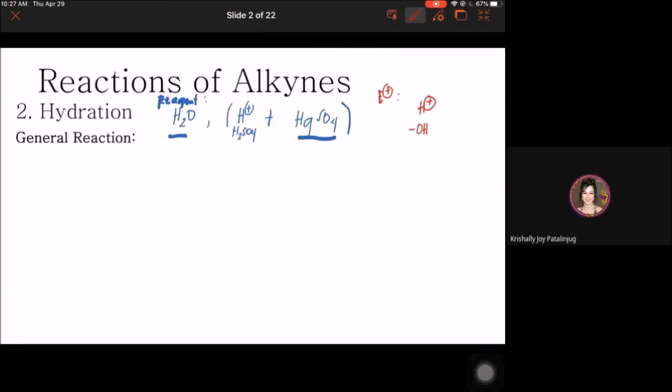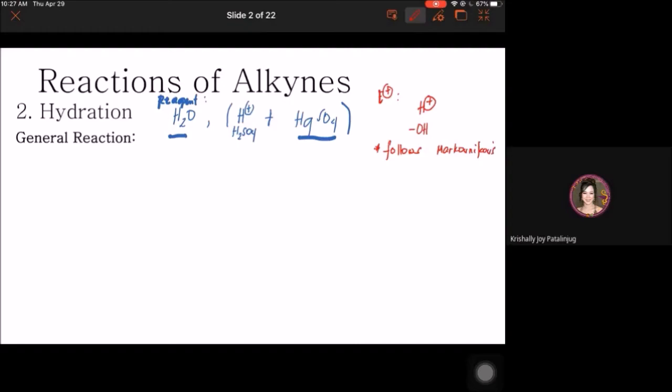Now, what would be the manner of addition? It follows Markovnikov's rule, the same idea that you have learned under reactions of alkenes. Recall that hydration of alkenes follows Markovnikov's rule.